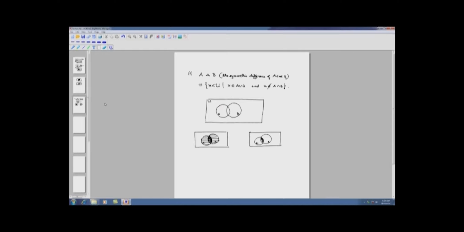Therefore, the symmetric difference is a set which can be represented by the Venn diagram as the shaded region within A union B. So, this is whole of A union B, leaving aside the portion A intersection B.